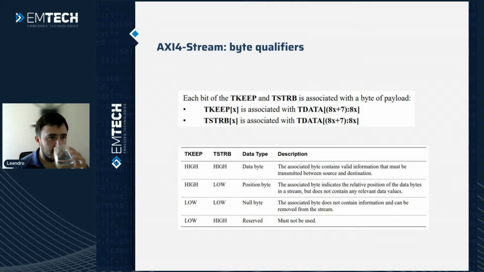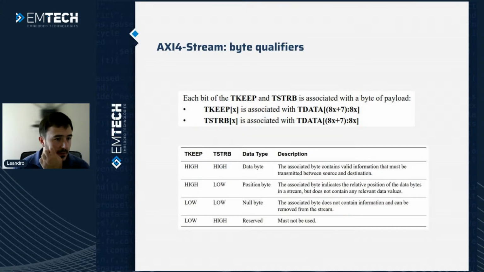Okay, so just a quick comment about the byte qualifiers. The t-keep is usually used to indicate which of the bytes inside the signal contain valid information.